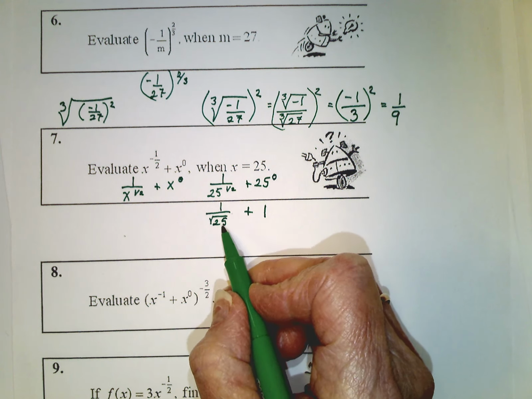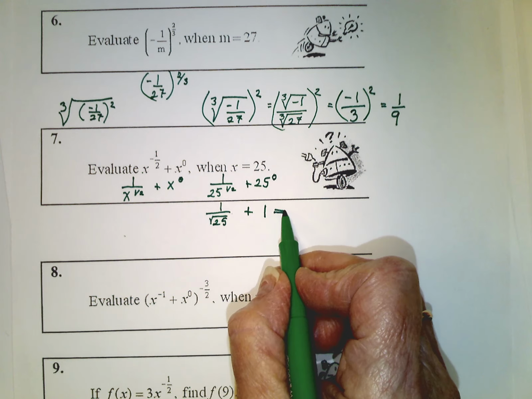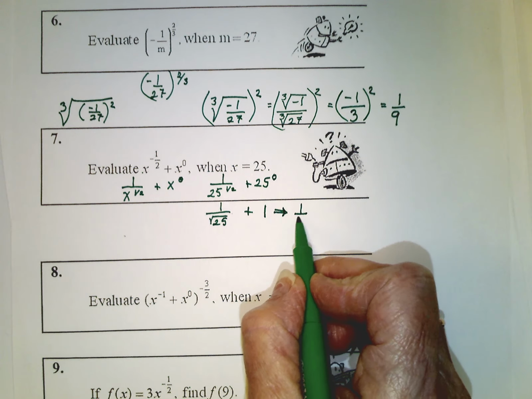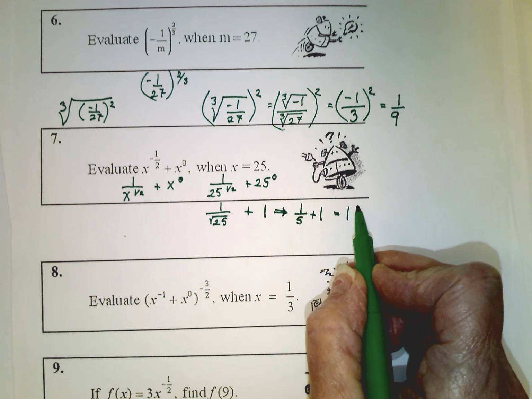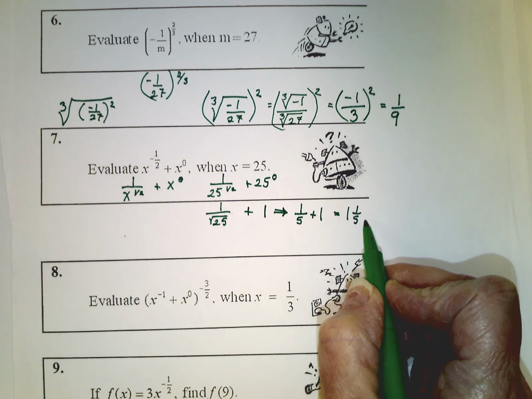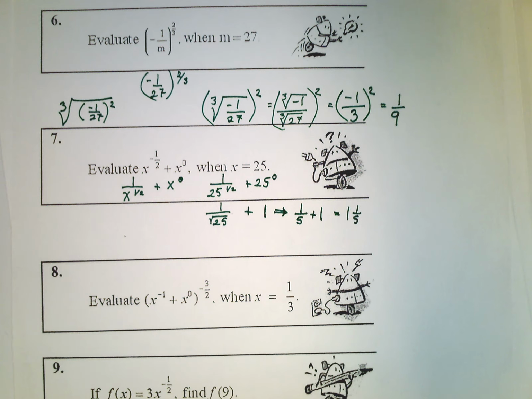Because we can nicely take the square root of 25. That's going to be 1 over 5 plus 1. We could call that 1 1/5. If you like it better as 1 and 0.2 or 6/5, that's fine. I just left it as 1 and 1/5.